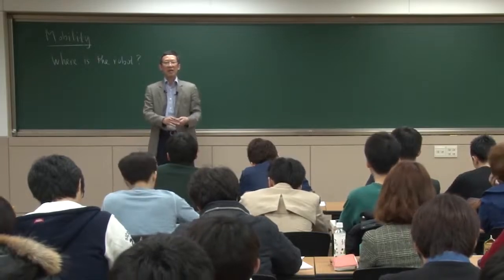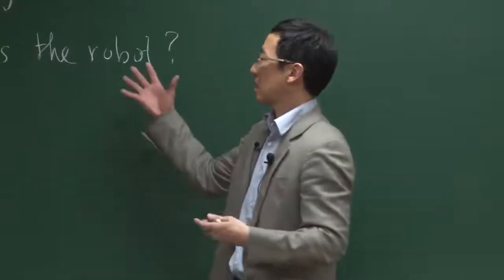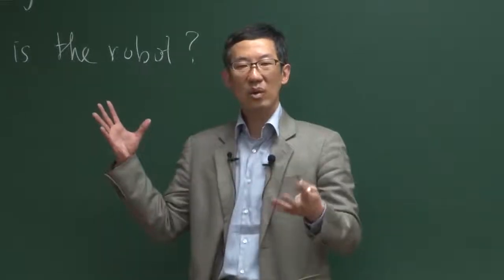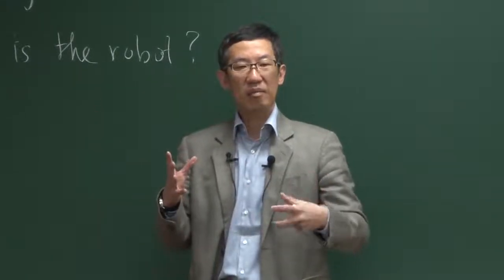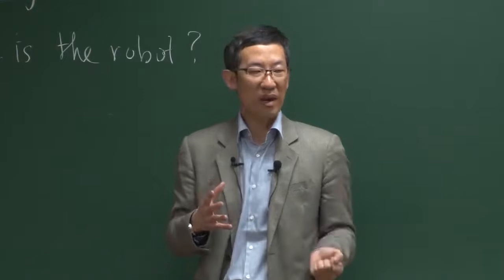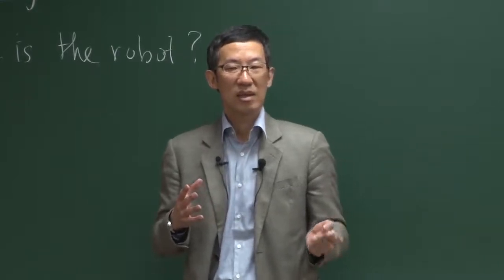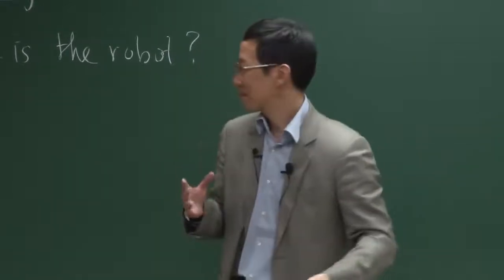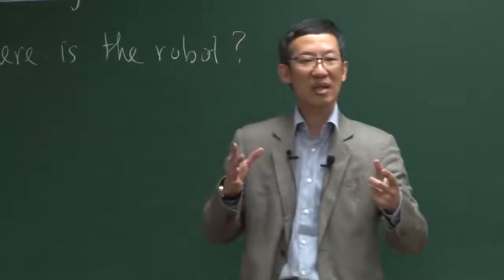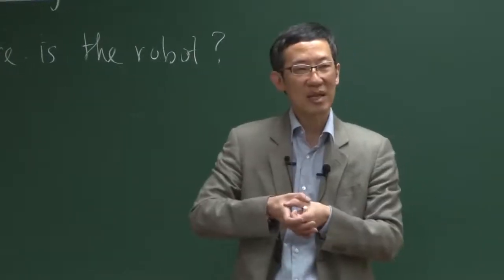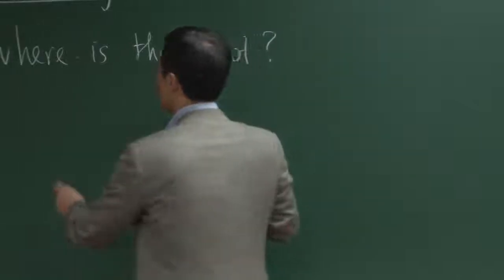So here we're asking, can we describe the location of a robot in a precise, quantitative way? Let's ask a slightly simpler question. Let's pretend that the robot is now just a single rigid body.